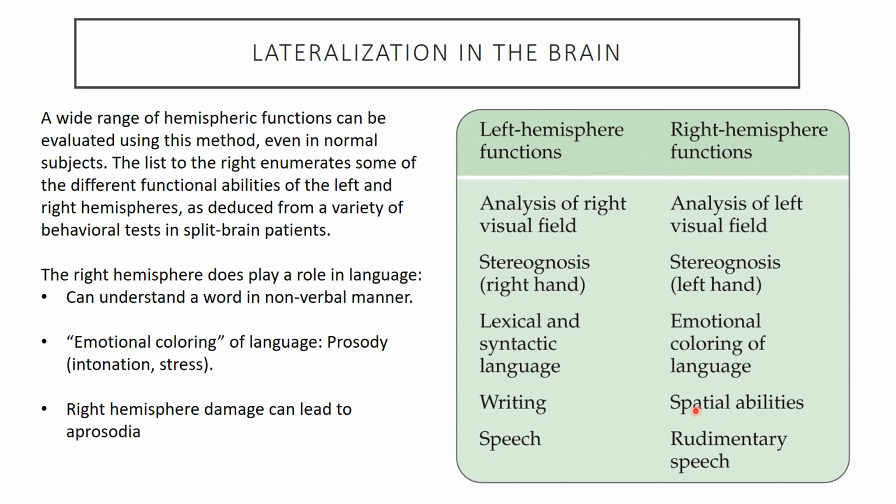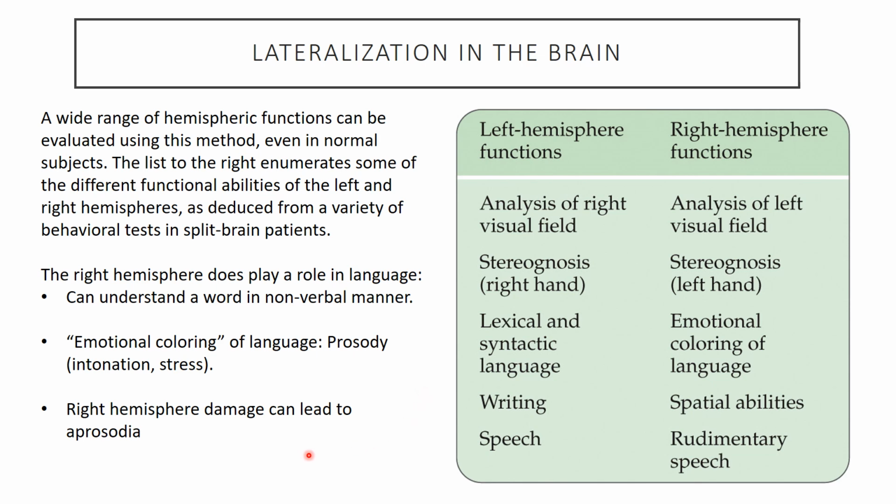It actually is involved with the emotional coloring of language, such as prosody, which is more specifically referred to as inflection and stress. So prosody is, sort of like, geez, can't you do this right? So putting some inflection and stress on certain things, and you can tell that I'm sort of emotionally involved with whatever I'm trying to communicate.